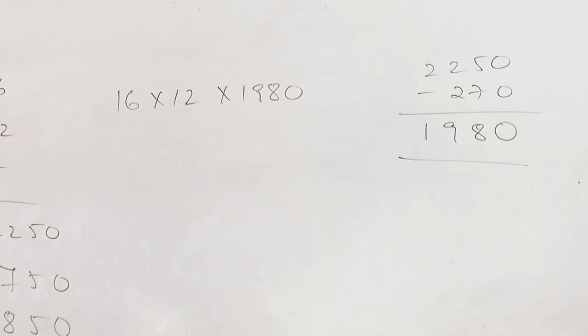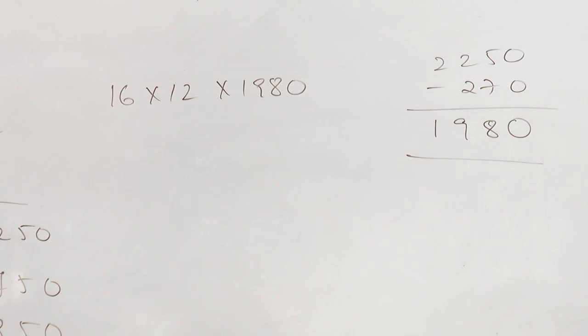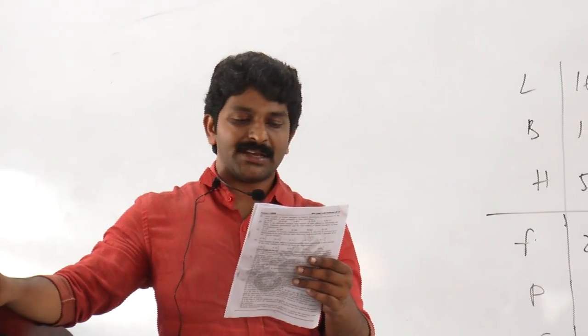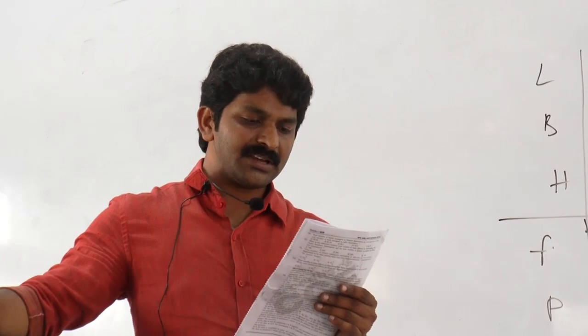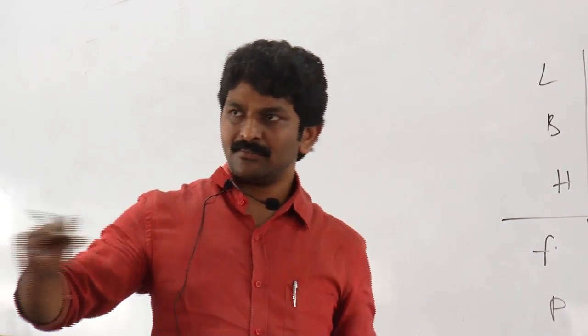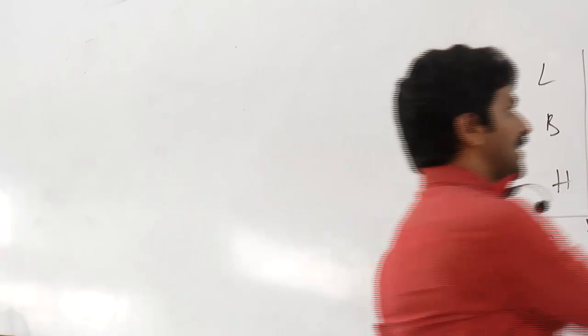Next, what will be the cost of painting the 4 walls of the hall if it has a door of 1.6 meters into 2.5 meters and a window of 0.8 meters and 1.5 meters? ఎన్ని విండోస్ ఉన్నాయి? ఒకటే. పెయింటింగ్ కదా, 4 walls.